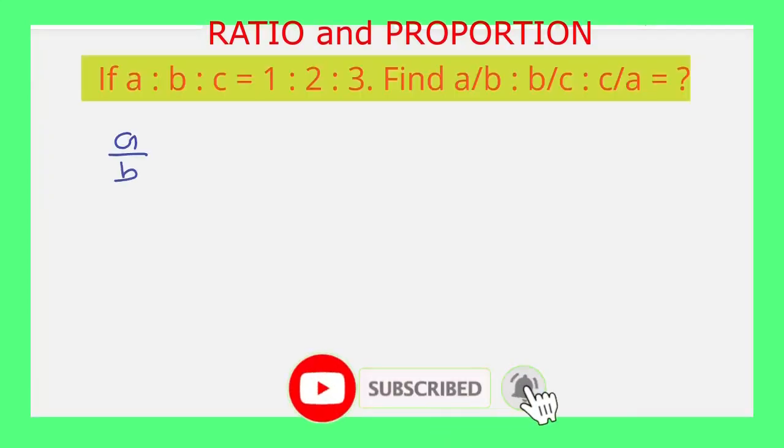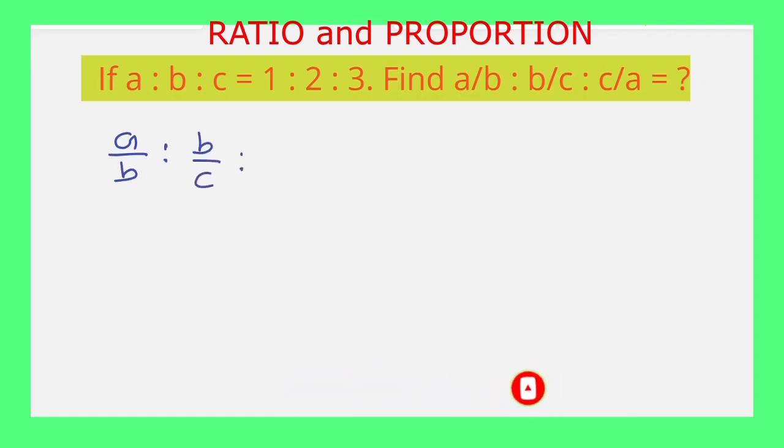A ratio B ratio C is 1 ratio 2 ratio 3. We can write it as A equal to 1K, B equal to 2K and C equal to 3K, as multiplying a common number to all the elements of the ratio doesn't change it.